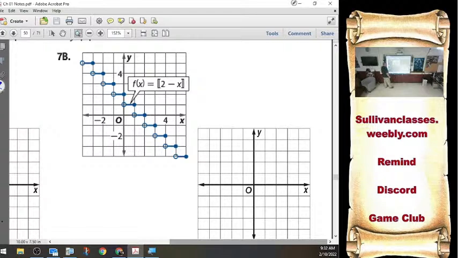Okay. The next one, all this stuff on the right gets reflected to the left. But it overrules this other stuff here.